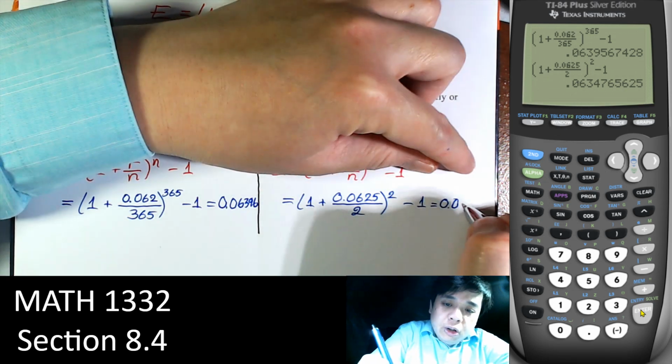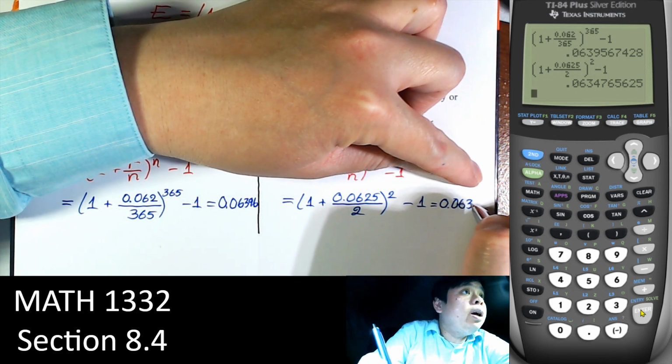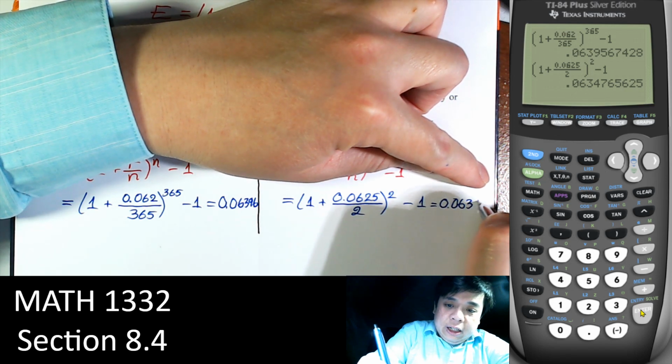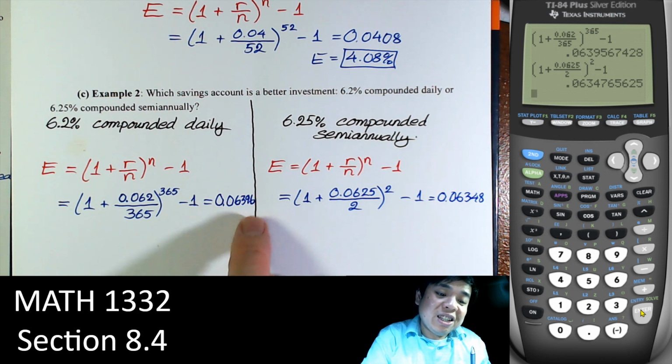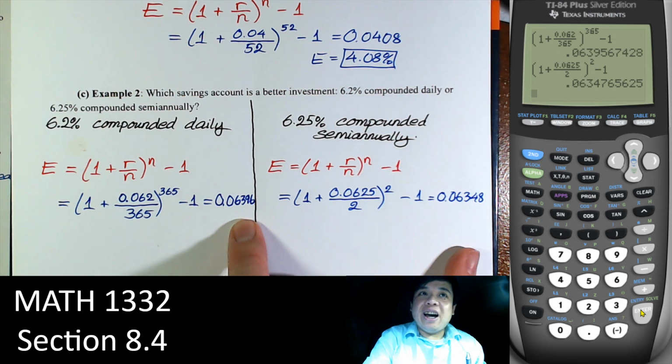We get 0.06348. Now we compare: this is 0.06396, so this is slightly better than that.